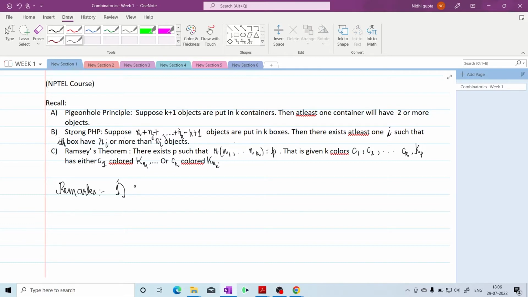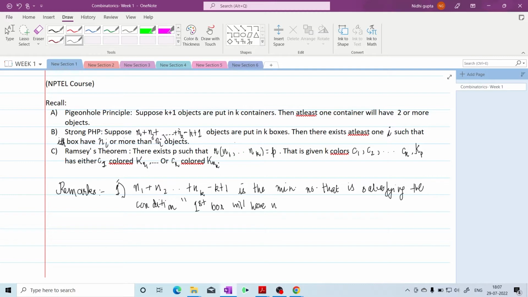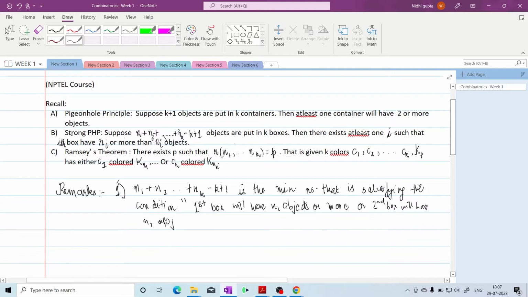We can see that n1 plus n2 plus nk minus k plus 1 is the minimum number that is satisfying the condition that the first box will have n1 objects or more, or the second box will have n2 objects or more, and so on.